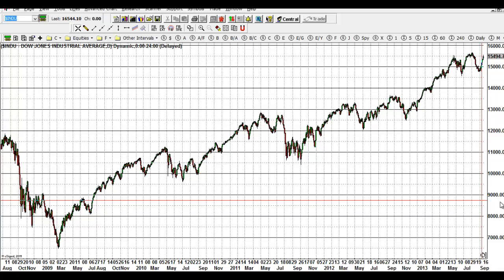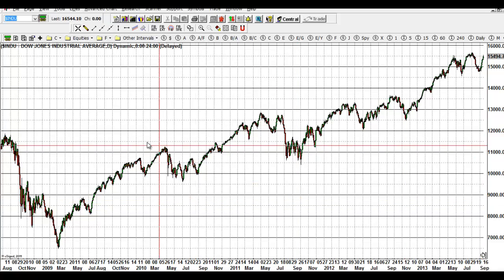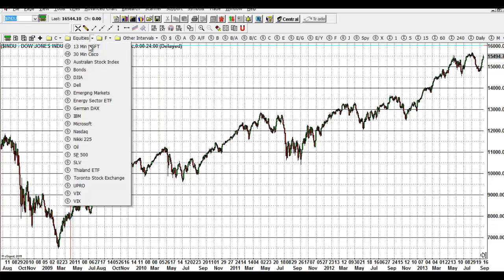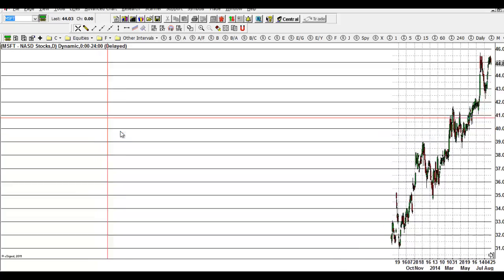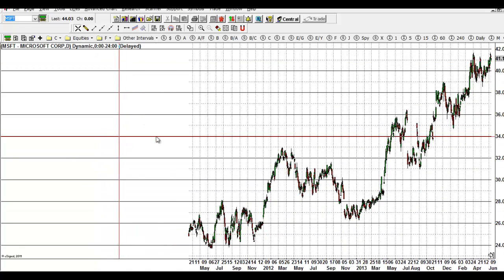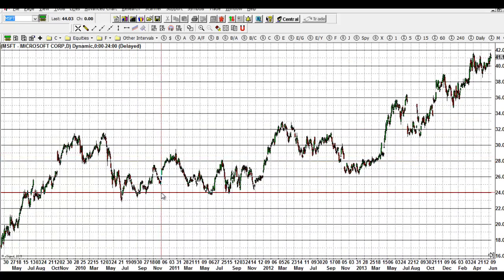Now, charting is important to you as an investor because everything reflected on a stock can be seen in the price of a particular stock. So, if we take a stock like Microsoft, for example, we can see what Microsoft has been doing over the last couple of years by looking at a chart.